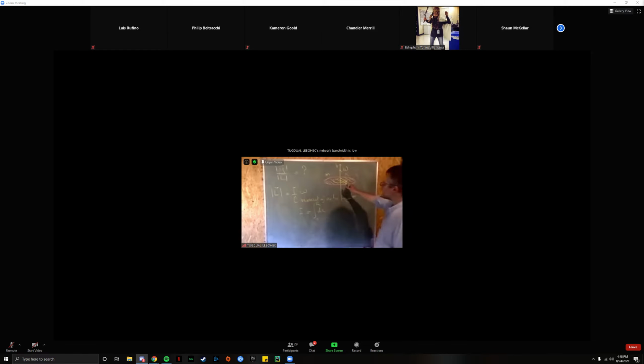Now the mass of such a ring of width dr is going to be the width times the length of the ring, right? The length of the ring is going to be 2 pi r.